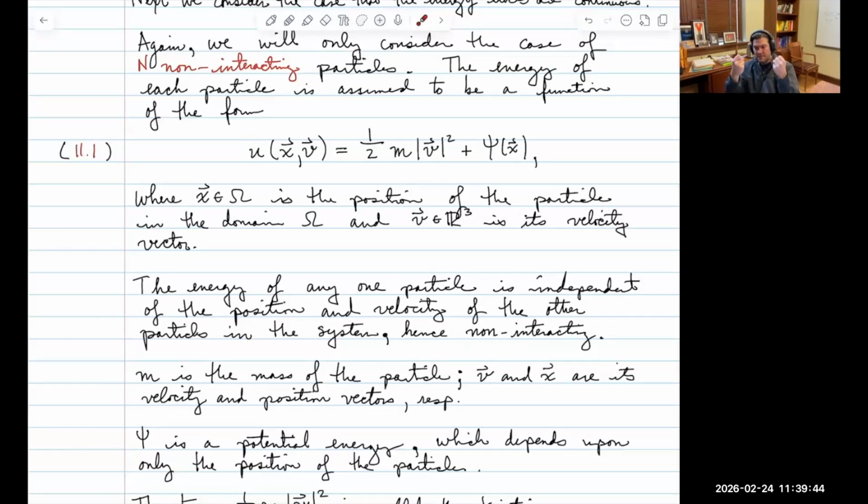And if they're close, then the potential energy might have a force of attraction or repulsion or something like that. In this case, we have nothing like that. There's no interatomic potential energy, which needs to know where the two different particles are positioned in space.